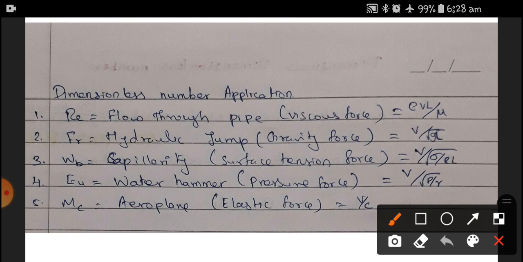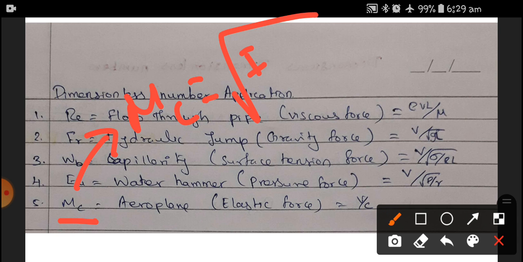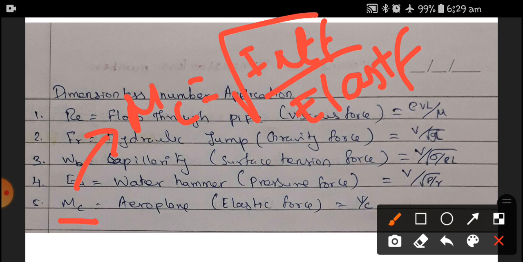Similarly, the Mach number. Mach number is the ratio of the square root of inertia force to the elastic force. In aeroplanes, rocket propulsion, and all such things, we are using the Mach number.